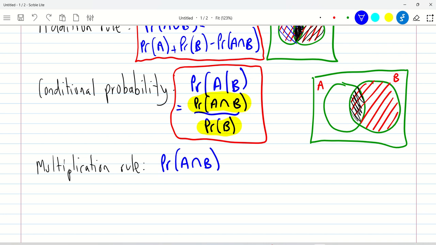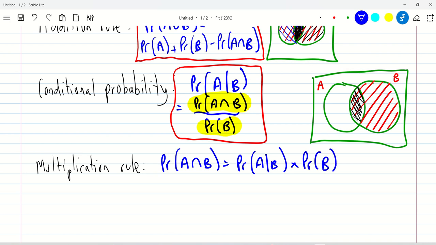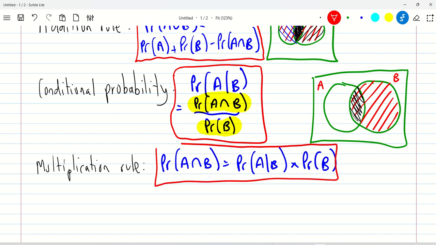So if we rearrange that formula, the probability of A intersect B is equal to the probability of A given B times the probability of B. Okay, so that's just purely rearranging conditional probability around a little bit. And so that's our multiplication rule. I'll just put a box around that.